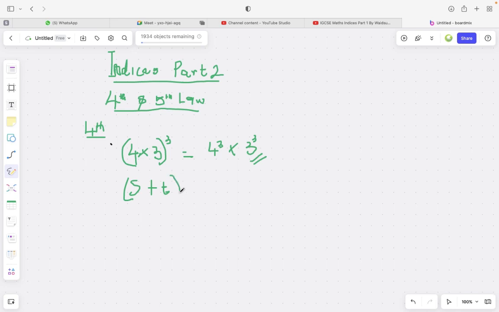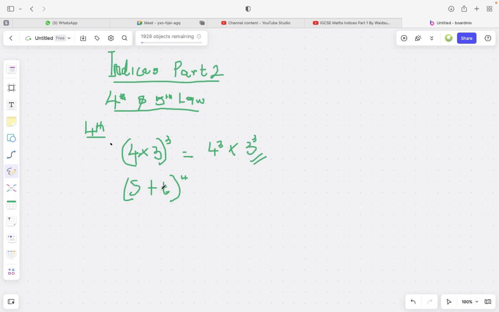Then whatever power this is, let's say raised to the power of 4, this is talking to both the two things inside the bracket.